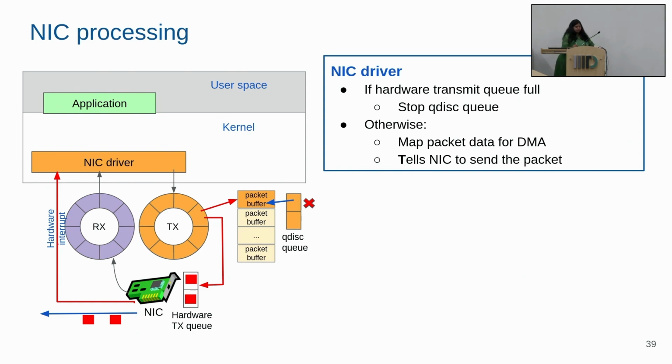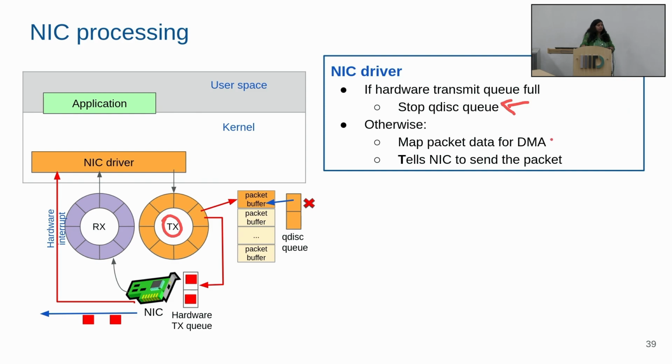Okay, so now data is ready to send. Next, the NIC driver checks whether the hardware queue is ready or not. Which queue are we talking about now? Those TX and RX descriptors. Since we are sending, we are talking about the TX ring buffer. Is there space or not? That's what is checked. If there is not enough space, you will have to halt here, and the QDisk queue will halt.